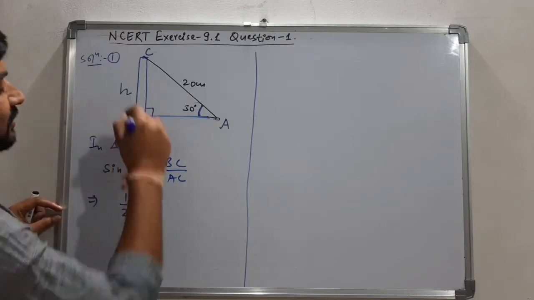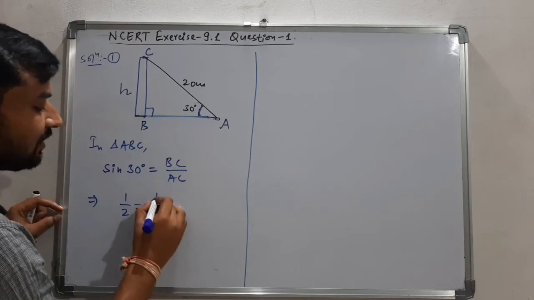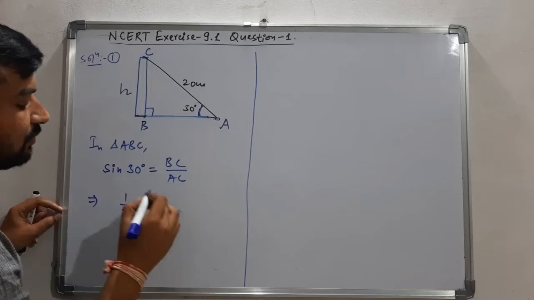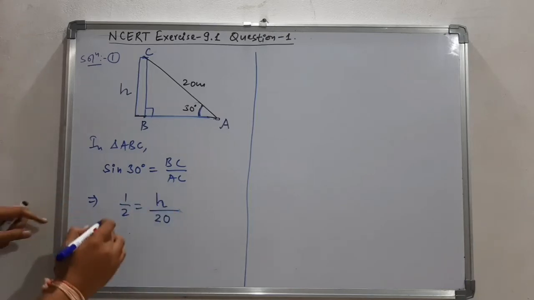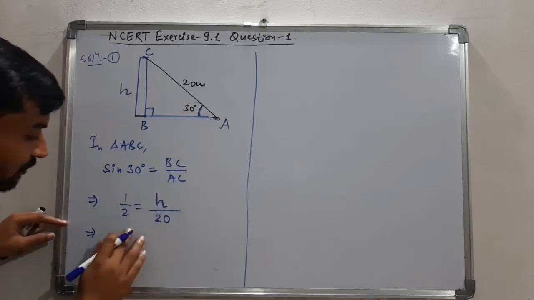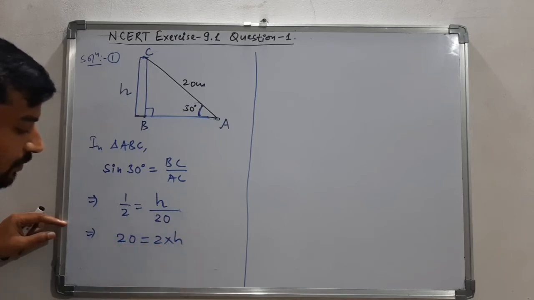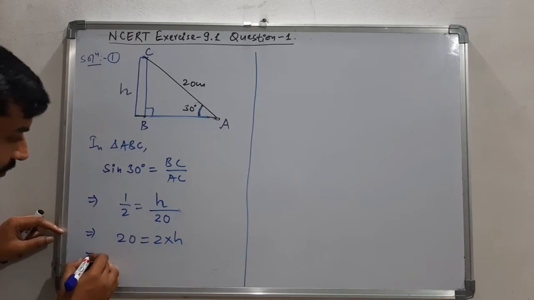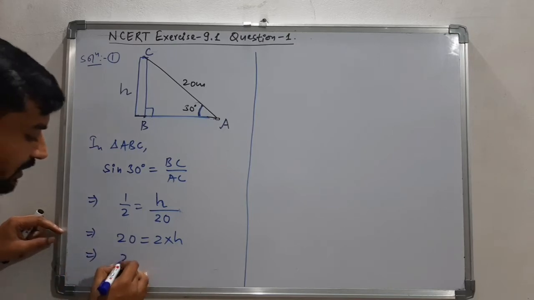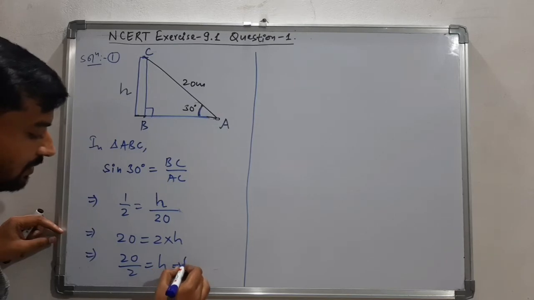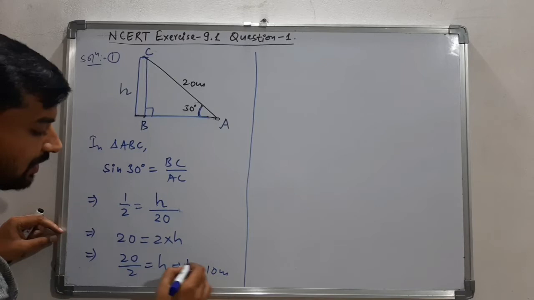BC I am taking as height h and the length AC is 20. If I cross multiply, we will get 20 equals 2 into h. So 20 upon 2 is the height, so the height of the tower comes out to be 10 meters.